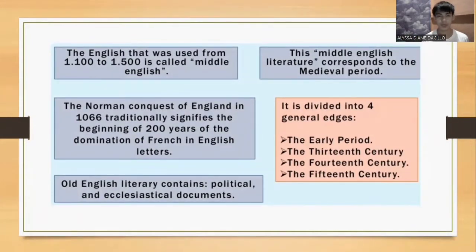The Norman conquest of England in 1066 traditionally signifies the beginning of 200 years of the domination of French in English letters. Old English literature contains political and ecclesiastical documents. Middle English literature corresponds to the medieval period, and it is divided into four general ages: the early period, the 13th century, the 14th century, and the 15th century.